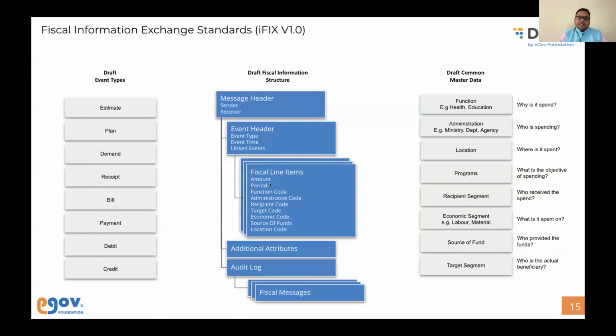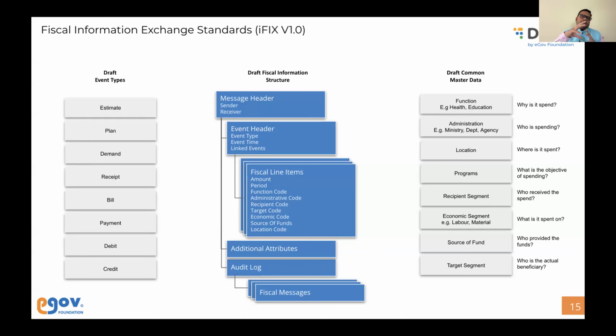And then there are well-defined attributes for each fiscal event, which could be along the lines of who is the entity that is creating the event, who is the entity that has approved, what is the amount if it's a bill, or what is the source of fund from which this bill will be paid.